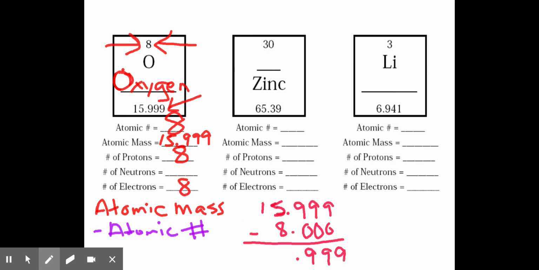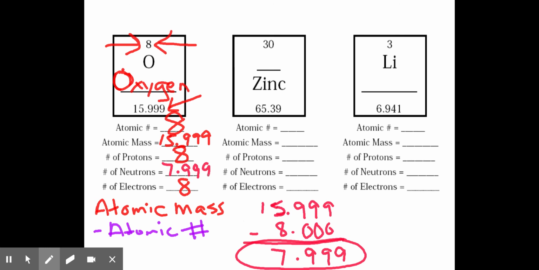And 15 minus 8 is 7. So that gives us 7.999 neutrons. Now, let me tell you a little something. You cannot have half of a neutron, just like you can't have half of a person. They either are a person or they're not there.